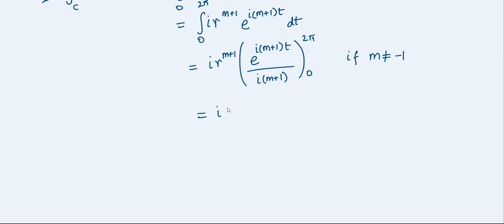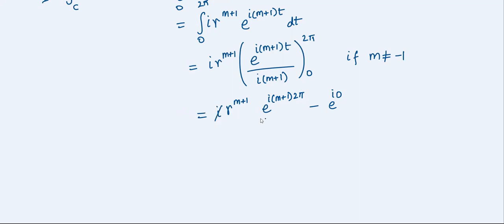We get i R power m plus 1, and e power any multiple of 2 pi, so e power i(m plus 1) times 2 pi minus e power i times 0.